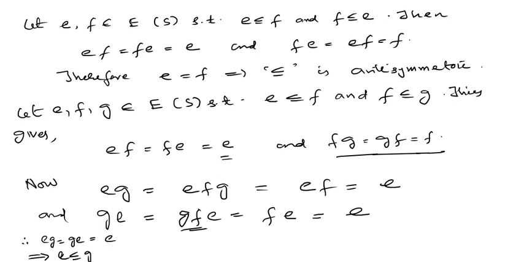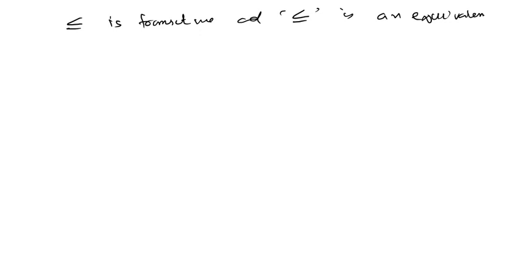And so this relation is transitive. So the relation less or equal to is transitive, and hence this is an equivalence relation.